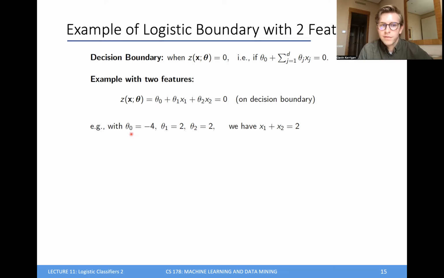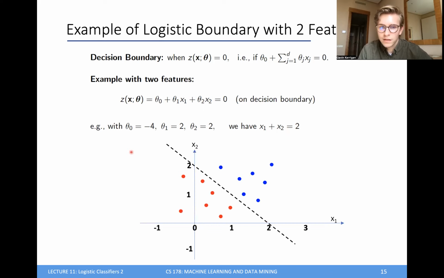So for example, if theta naught, my bias term, is -4, theta 1 is 2, and theta 2 is 2, I get the expression x1 plus x2 is equal to 2. And of course, this is the equation for a line. If we solve for x2, we'll get x2 equals 2 minus x1. So this is a line with bias 2 and slope -1. So we get a really nice, fairly simple equation for the decision boundary. It's just a linear equation.